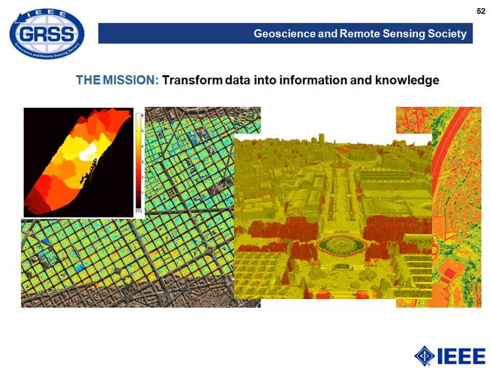On the left-hand side you can see thermal images on an urban area, from which information related to heat islands is finally derived. At the center and right side you have information related to the urban green and how healthy the vegetation in urban areas is.